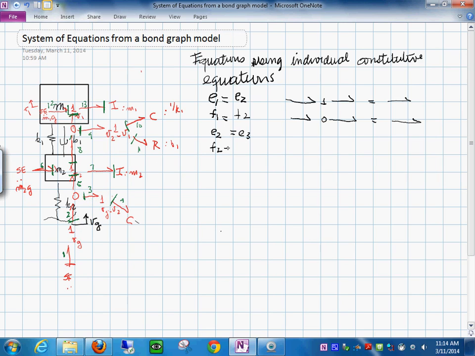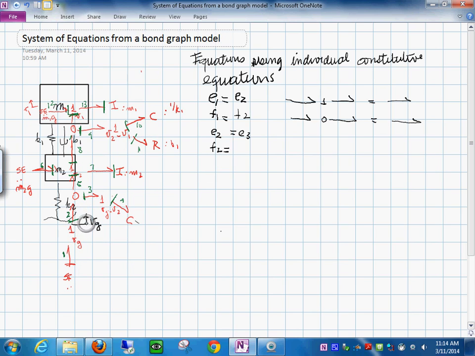What's F sub 2? In this case we have F1 equals F2.